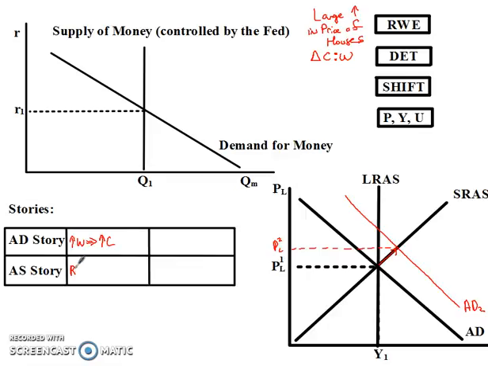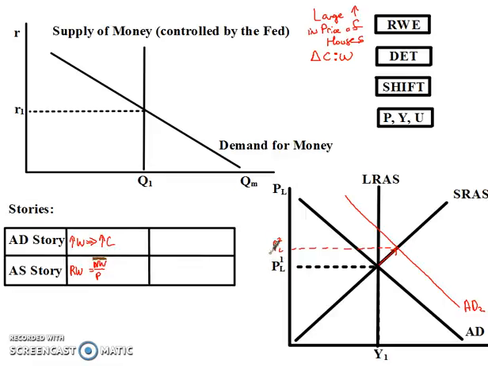As they bid up the price of goods and services, we've got to move along that short-run aggregate supply curve, which means real wages are equal to nominal wages divided by the price level, NW over P. And we're assuming that wages are sticky.